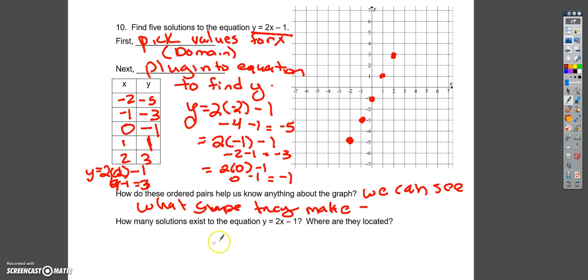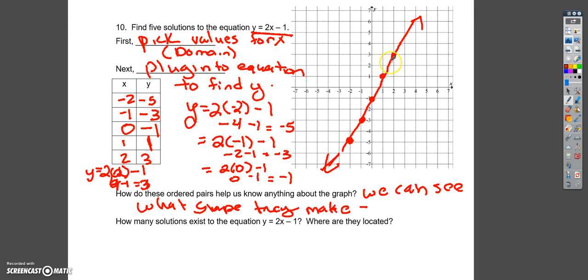Alright, so how do these help? We can see what shape it makes, and we can see that it's making a line. Not the best line in the world, but a line nonetheless. And do you see that this is a point on that line and it was a solution?